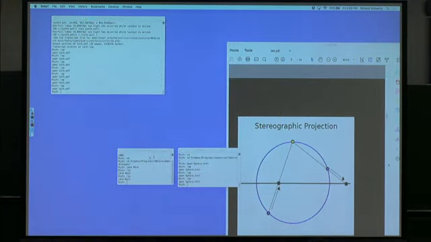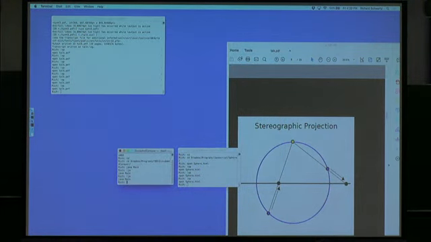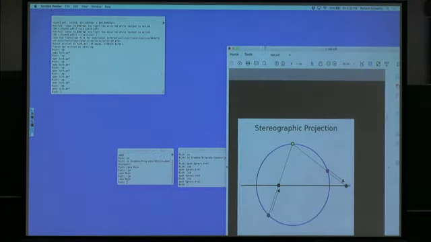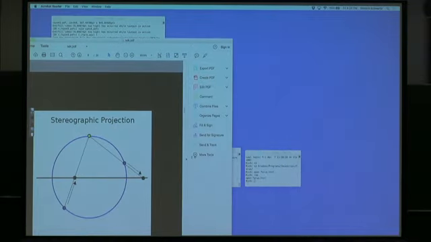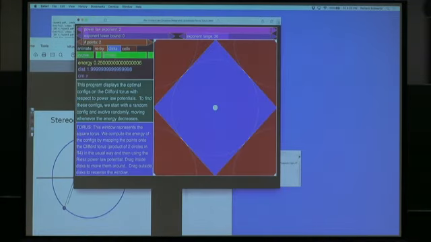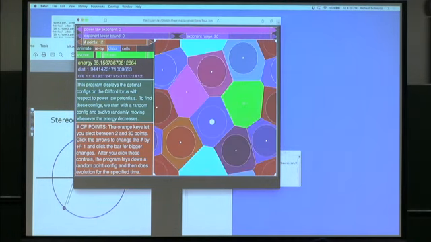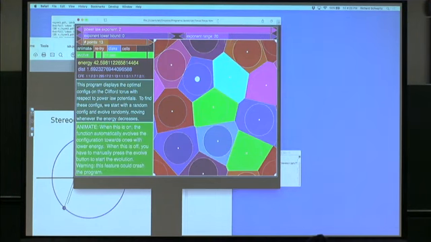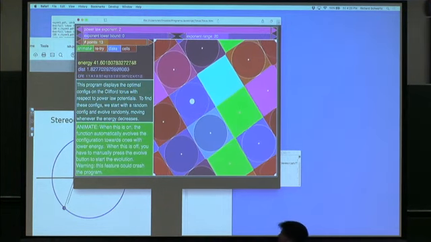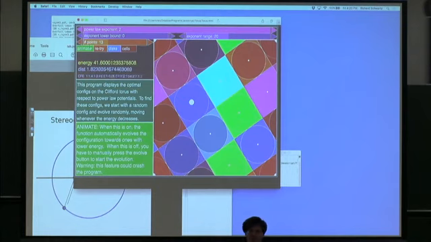I think I have an extra minute, so I'll just show you something for fun. You can do the same thing on a torus. The torus is the product of two circles in R4.